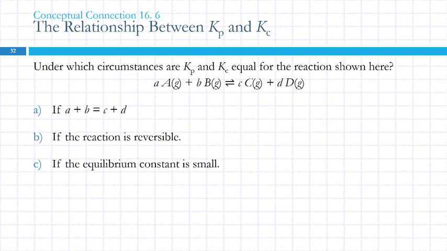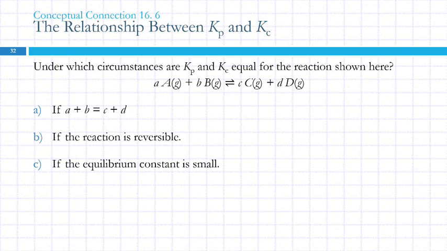So here again, we have that generic equation. What are the circumstances that would make Kp and Kc be equal to each other? Moles of gas on each side being the same, right? Does it matter if the reaction's reversible?